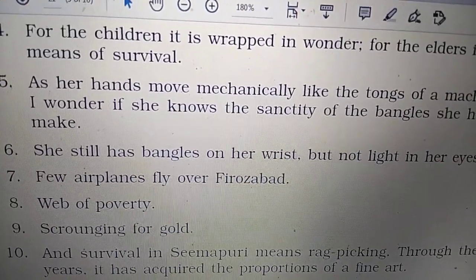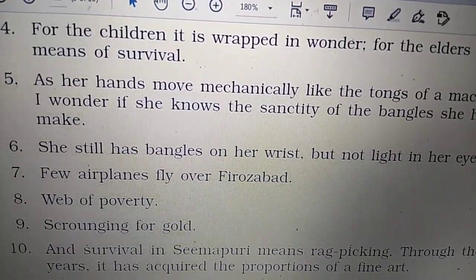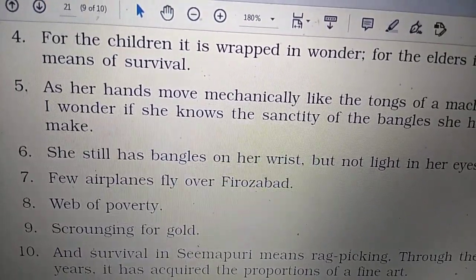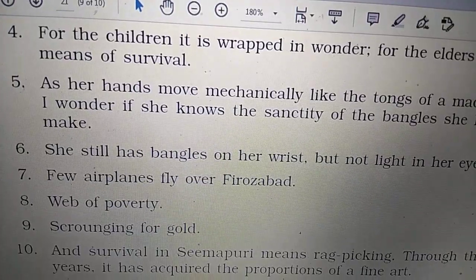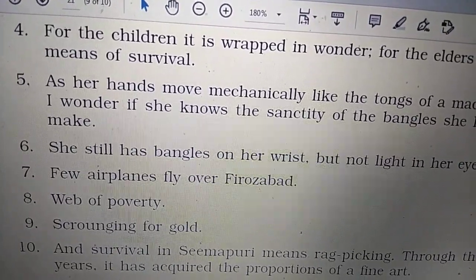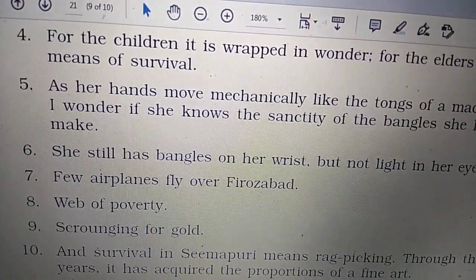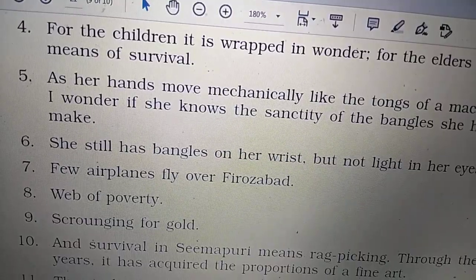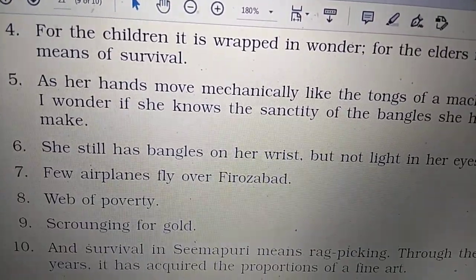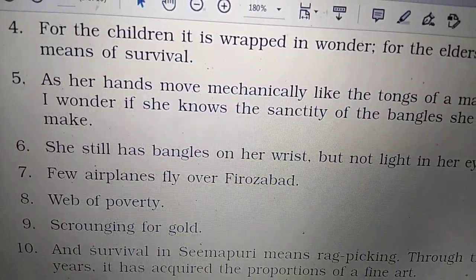Next one is "web of poverty." Here, the literary device used is metaphor. Actually, the author has used web of poverty, which means poverty has been compared with a web, and it is a direct comparison without the words like and as. So here the device is metaphor.